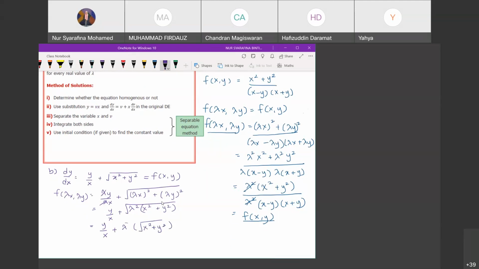So we still have lambda, then it is not equals to f x y. So this is non-homogeneous equation.